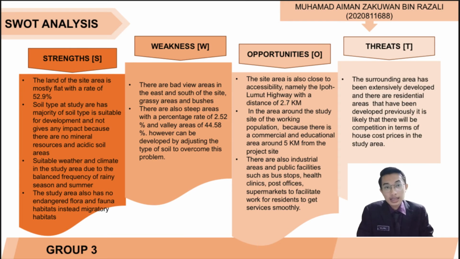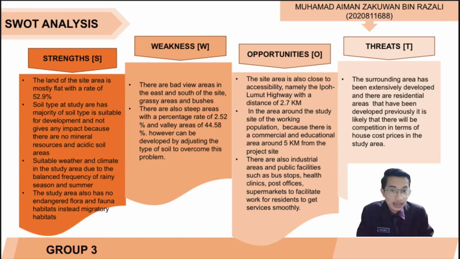Okay, in the next slides I will explain about the SWOT analysis. So the four elements, the first one is strengths, second is weaknesses, third is opportunities, and the last one is threats. So firstly, the strengths. The land of the site area is mostly flat with a rate of 52.9%.